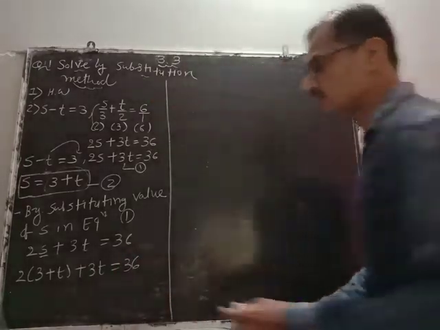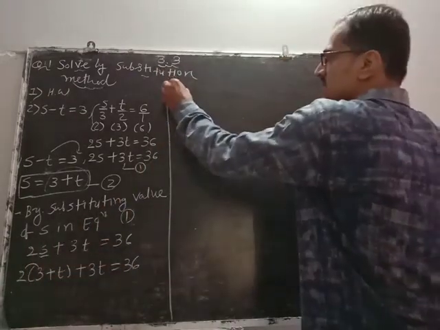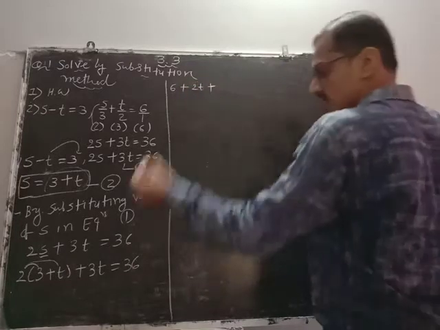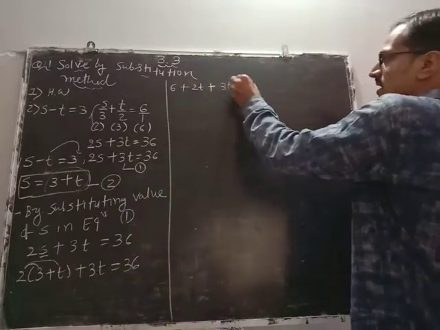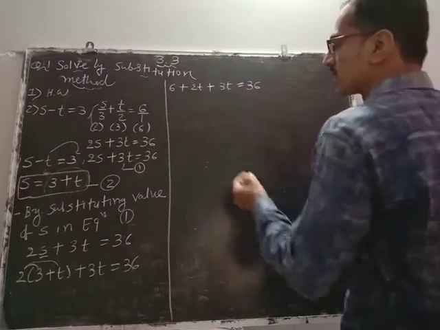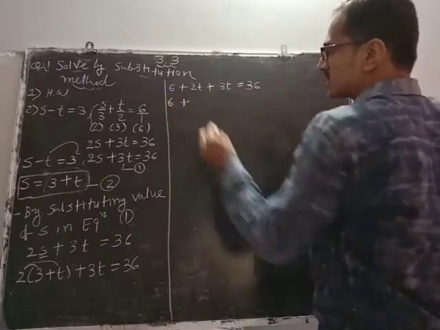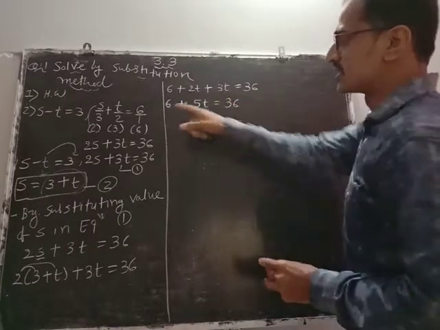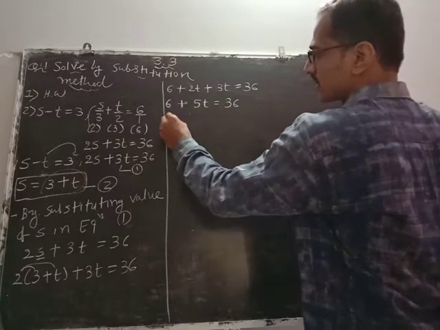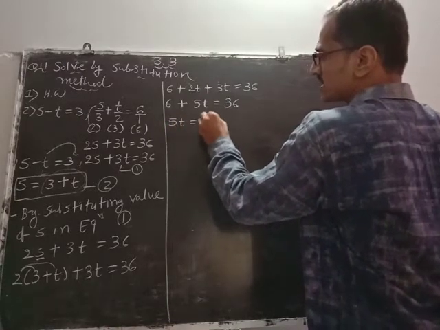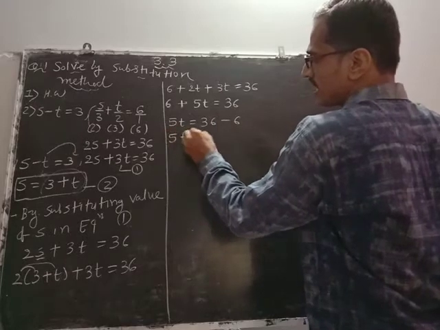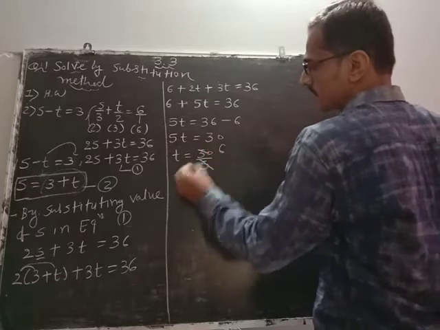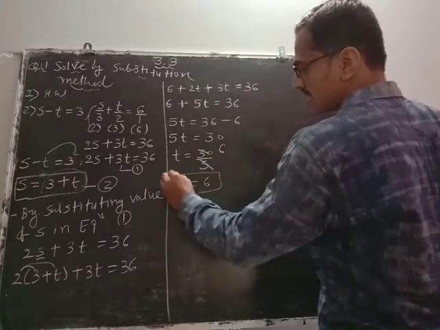Now multiply: 2 3s are 6 plus 2 into T, 2T plus 3T equals 36. So 6 plus 3T plus 2T, 5T. Shift this 6 towards the right hand side. We'll get 5T equals 36 minus 6. 5T will be 30. T is going to be 30 divided by 5. Value of T will be 6.